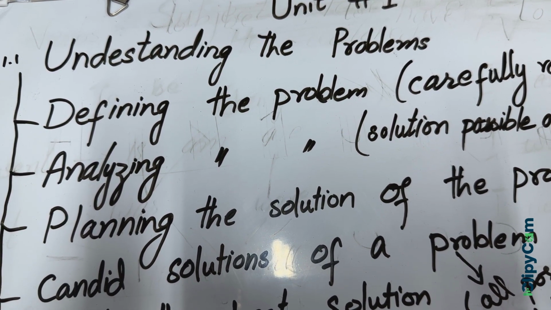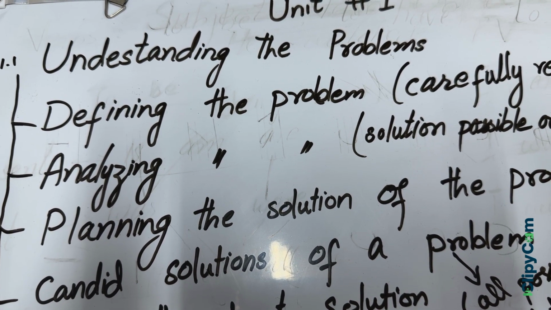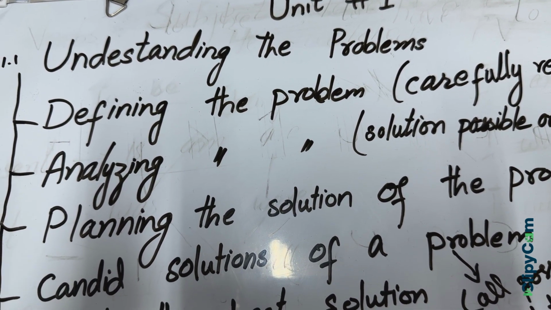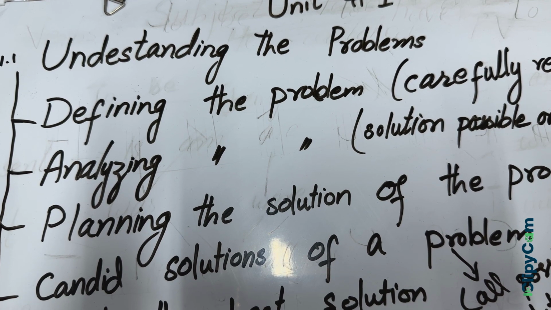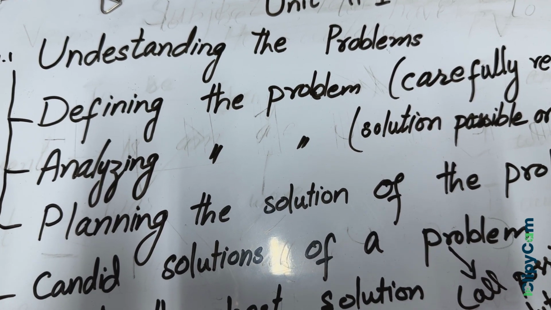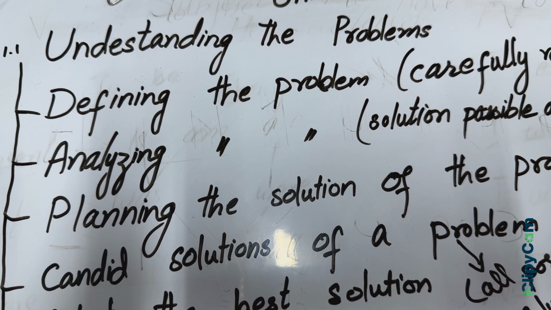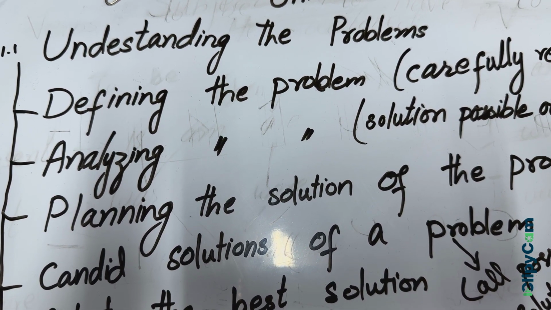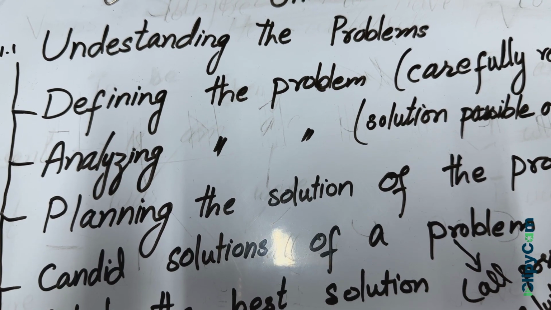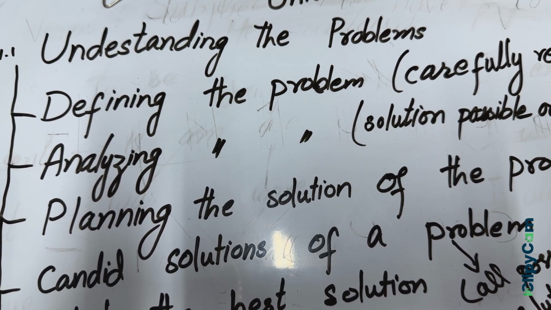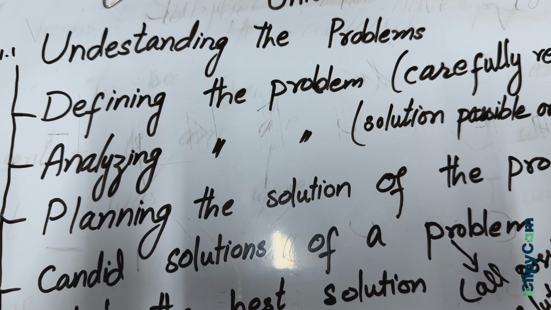There are different methods to find out the solutions. Then you write an algorithm, then a flowchart, then you start programming and you give output to the user. Hope you understand.